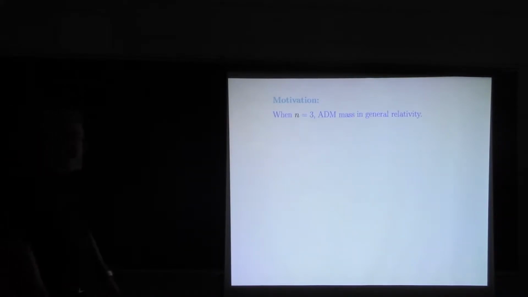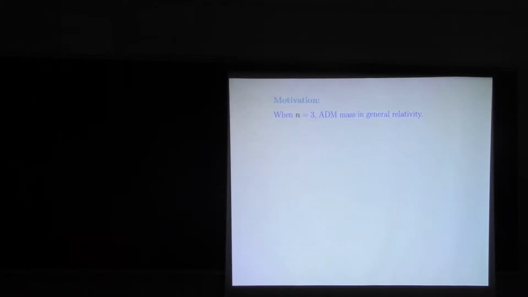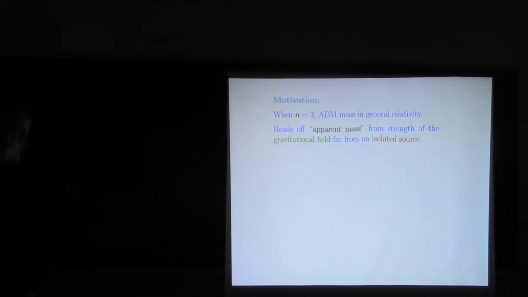So the motivation is that when you're talking about this in the context of three-manifolds, this expression specializes to become what's called the ADM mass, where this is Arnowitt, Deser, Misner, the people that invented it. They were generalizing different examples and just looking at what kind of expression you could write down.